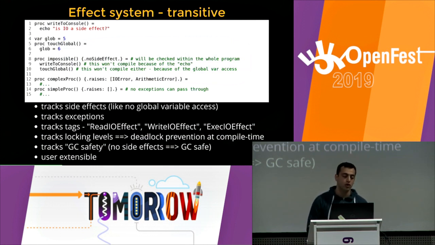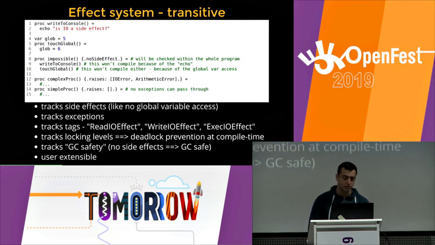We can also annotate which exceptions are meant to be raised by a function. And if there is any other function call anywhere in whatever that function is doing, which can raise another exception, this won't compile because it's going to be checked at compile time. We can also constrict it to say that we don't want any exceptions to leave outside of this function.